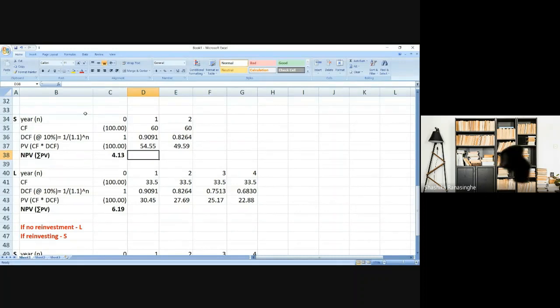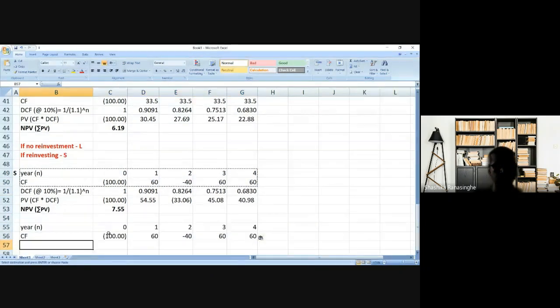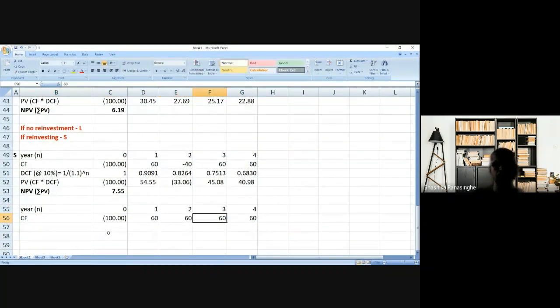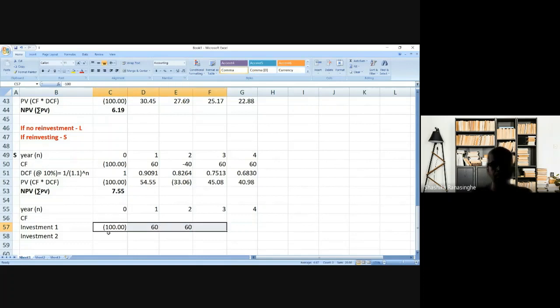Then if you are reinvesting again at the end of the second year, you will get once again cash flows like this. Investment, these are the cash flows.